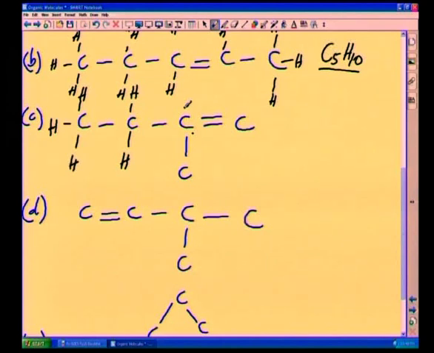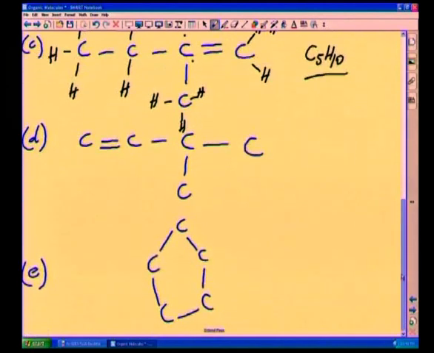But then here, on this branch, I would have the 3. And then here I've got 1, 2, so I can only have 2 more there. Okay, 2 more bonds. We'll count 1, 2, 3, 4, 5, 6, 7, 8, 9, 10. It's again C5H10. So it's an isomer of this molecule as well.